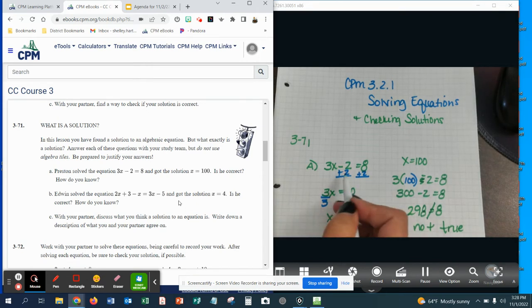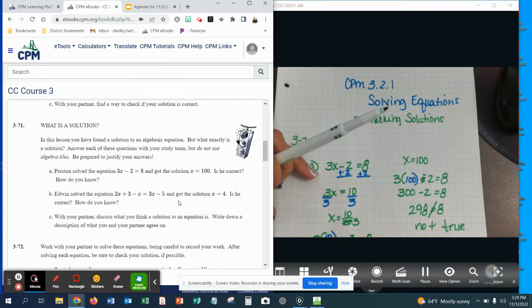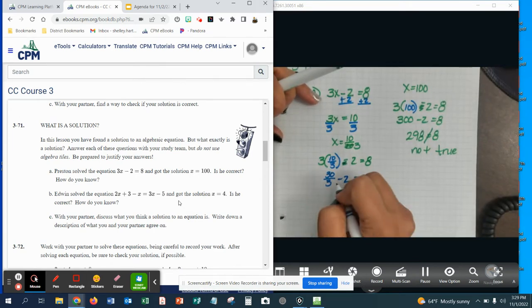If I plug it back in for x, we would get where both sides equal 8. So you would go 3 times 10/3 minus 2 equals 8. 3 times 10 is 30 divided by 3, so this is 30 divided by 3 minus 2 equals 8. 30 divided by 3 is 10, minus 2 equals 8.